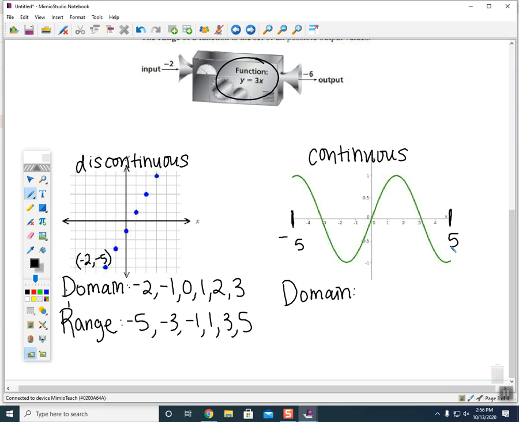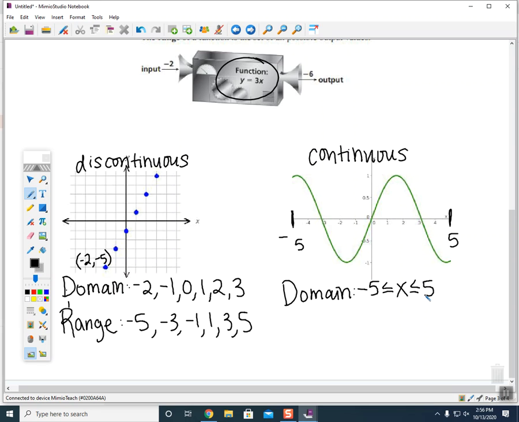So my graph, in this case, goes between -5 and +5. So this is where we're going to pull in our inequalities that we just talked about last chapter. My minimum is -5. And I know that my x value is going to be greater than or equal to that, but it also needs to be less than or equal to +5. So my domain in this case is -5 is less than or equal to x is less than or equal to 5.